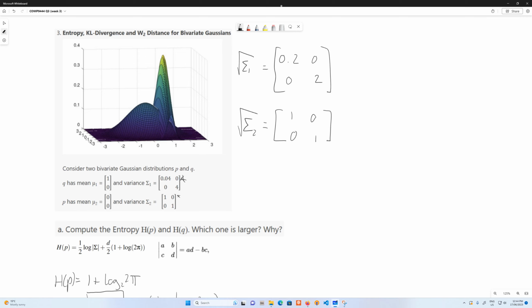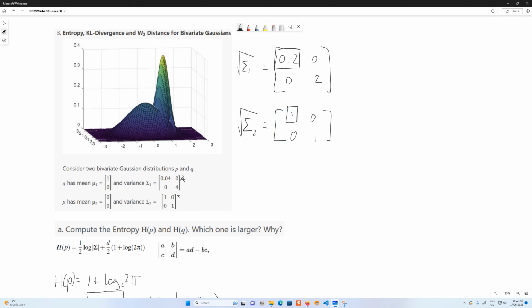If we compare the specific parts of the matrices here, compared with distribution P, Q seems to have been shrunk in this dimension by 5 times. So this number 1 here, we can see that's going to be a wider distribution.